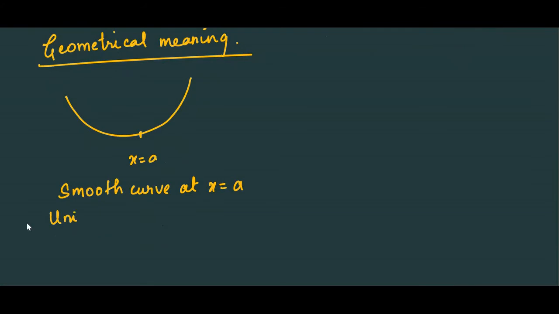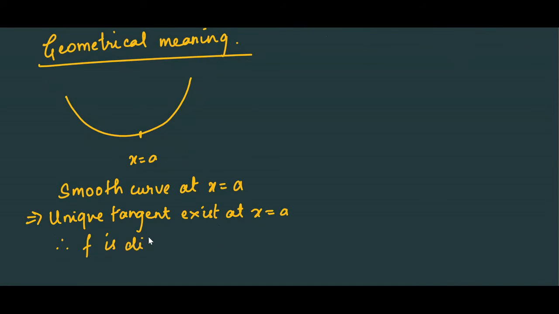So a unique tangent exists at x equal to A. Therefore, f is differentiable at x equal to A.